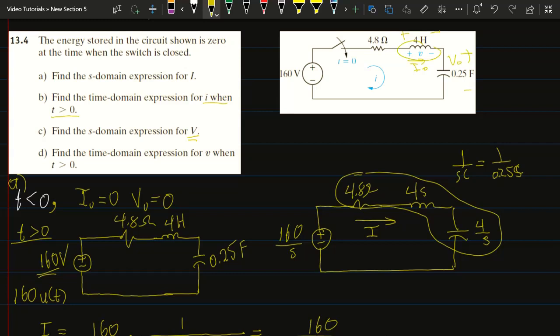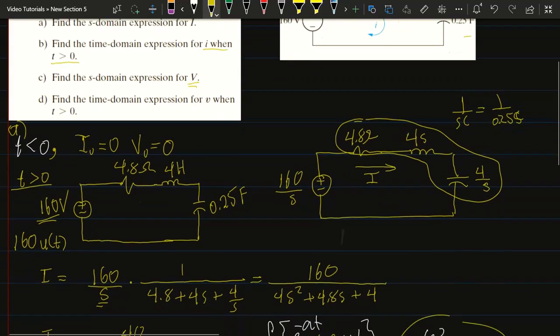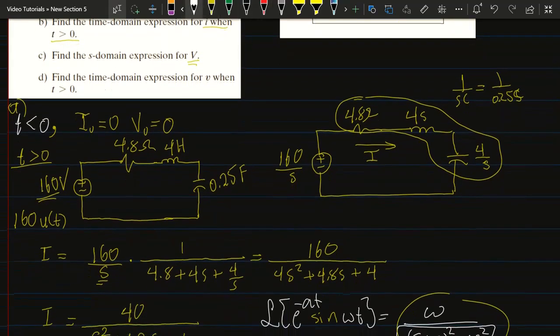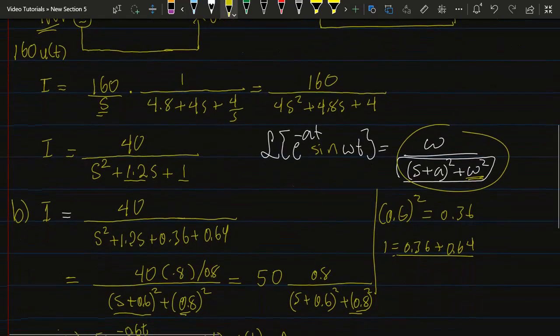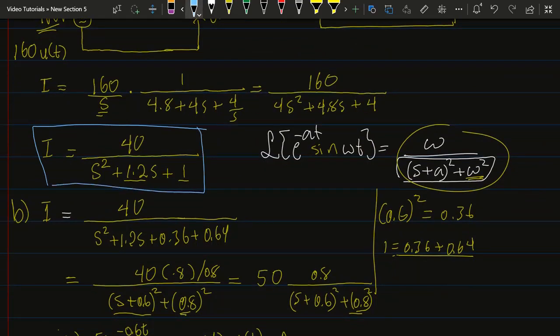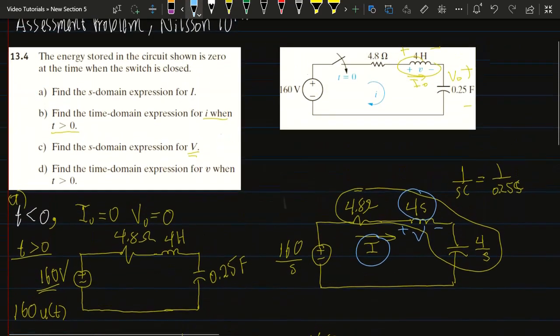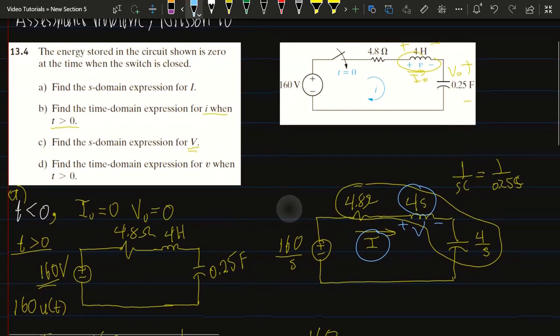So the easiest way to find this is just to multiply I, which is this current, by the impedance, and then I get the voltage from here to here, which is capital V. So I is this expression in here, so I will just multiply this by 4s.